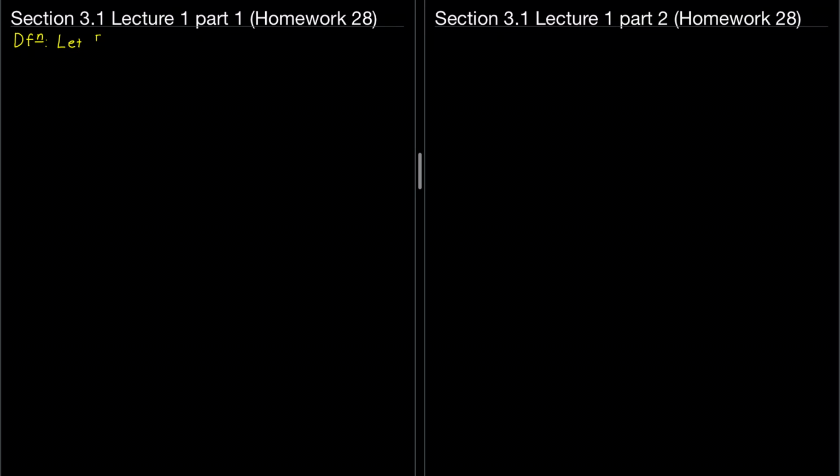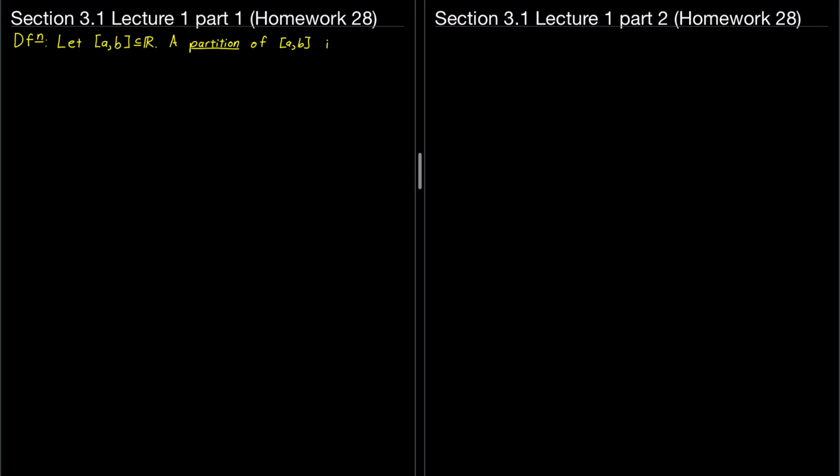So let's start with a closed bounded interval, a to b. And we say that a partition of [a, b] is a way of chopping this interval up into finitely many pieces.